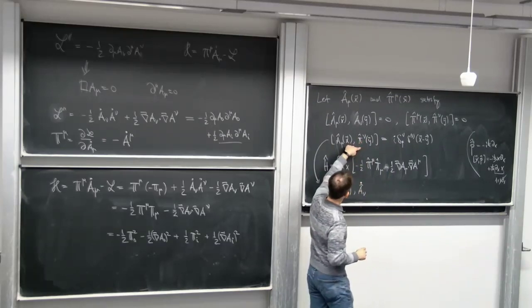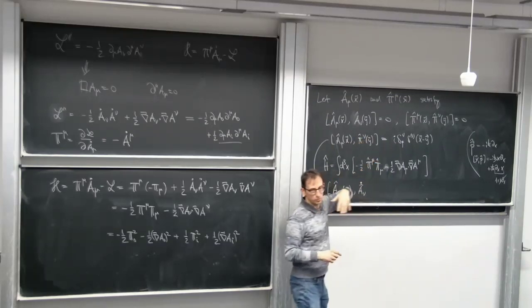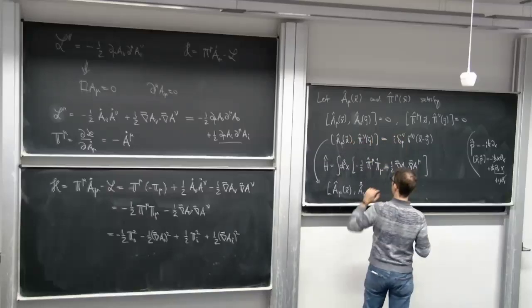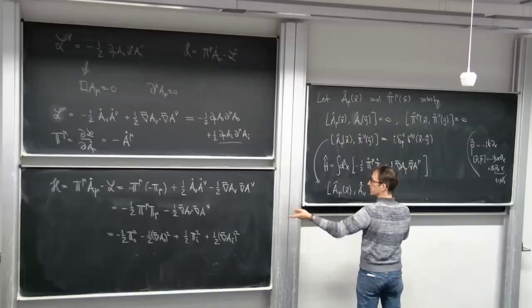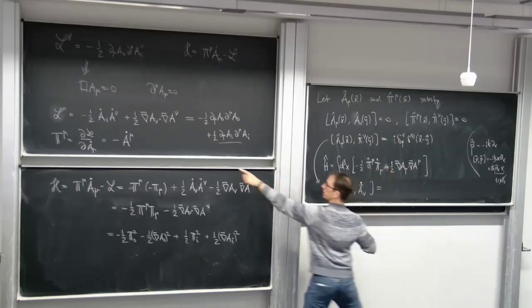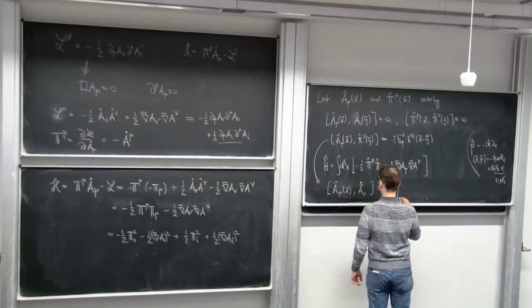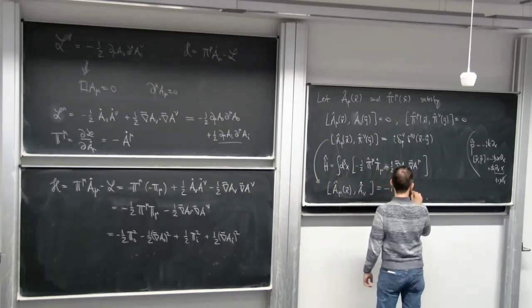So if I lower this index, then I have to multiply this with a metric, and there's the minus sign from here, so it's minus i eta_mu delta 3 x minus y.